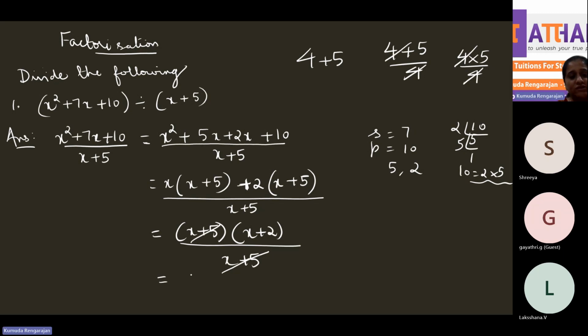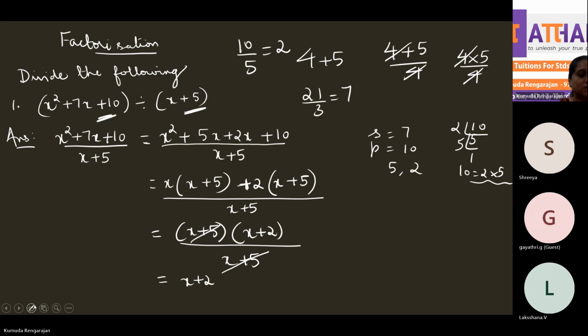So the quotient on division is x plus 2. Like when you divide 10 by 5, the quotient is 2. Or when you divide 21 by 3, the quotient is 7. In the same way, when you divide this expression by this expression, the quotient is x plus 2.